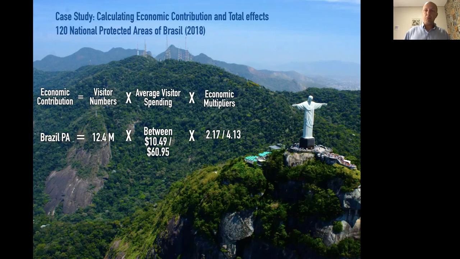The average spending per visitor ranged between $10.49 and $60.95. And the economic multipliers at the national level were between 2.17 and 4.13 to do the calculations. It is important to state that this is at the national level, so multipliers are higher. Normally, multipliers range between 1 and 2 at the local level, and also the state level.